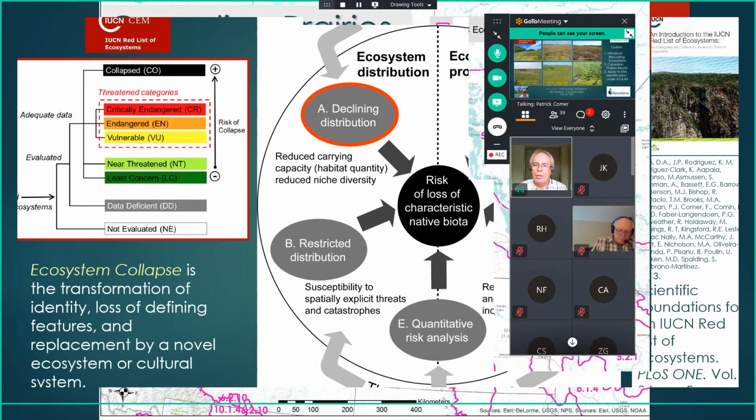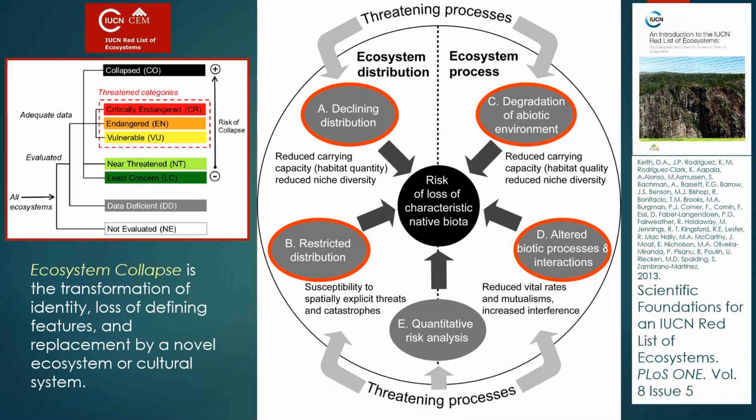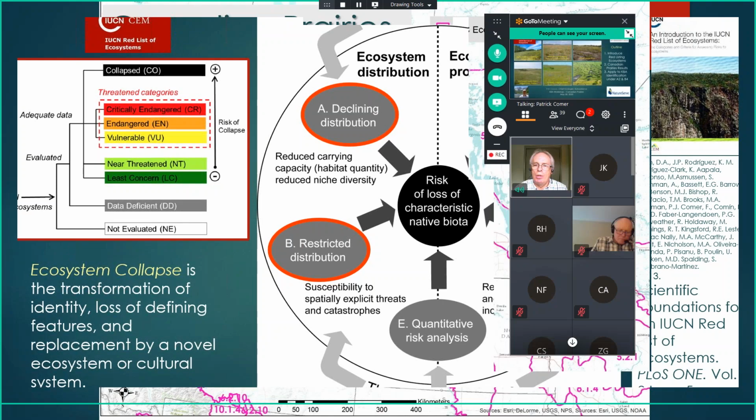Red List of Ecosystems. This is, like I say, an emerging standard. We at NatureServe have been engaged in the development of this standard. It builds in some cases on aspects of our conservation status ranking and our experience in that as we've applied it to ecosystems and natural communities.